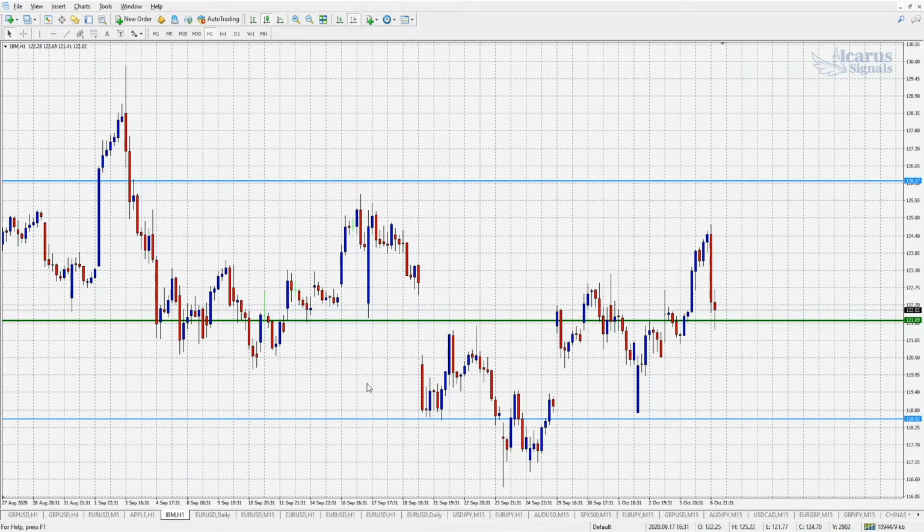Now, without further ado, we'll get into the indicator here. We've got it loaded up on a few different charts so that we can work through some of the different mechanics and inner workings of it. There are a number of different support and resistance indicators available on the market. Aside from having to manually draw these on each and every chart, the reason Icarus Signals developed this particular indicator was, one, it was required for some automated strategies that we had integrated with some of our other indicators, including the reversals and the continuation indicators, which many of you may have seen in some of the other videos.